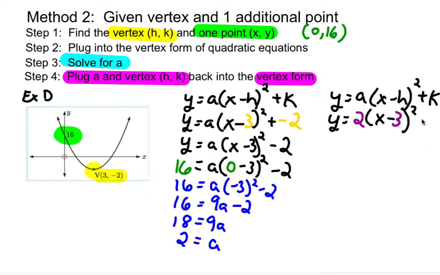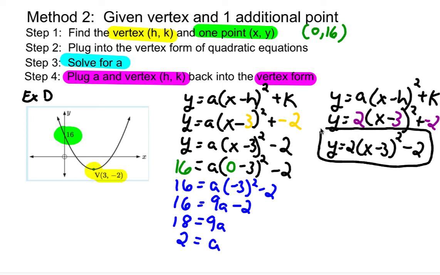So my quadratic equation for this picture would be y equals 2 parentheses x minus 3 quantity squared minus 2. And that's method 2 of finding the quadratic equation.